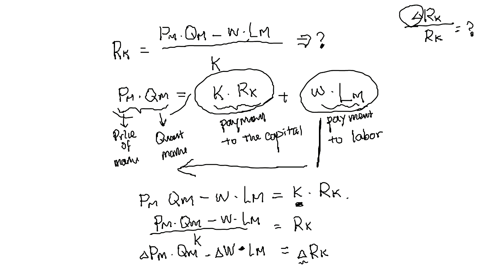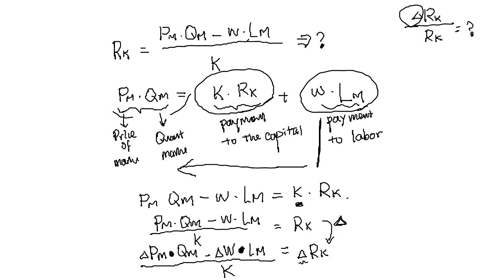And divided by K, right? So this is times this dot. So from this to this, any question? Put change sign in front of every price vector. That's it.